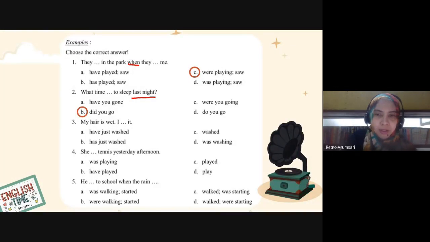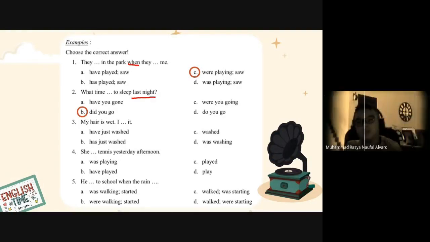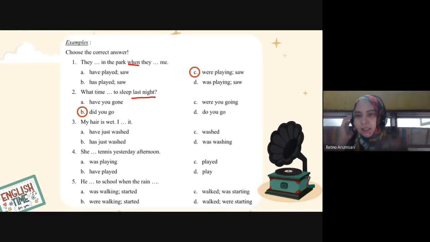Number 3. Wait, let Ben Omar answer in chat. Ben, type the answer in chat, just the letter.